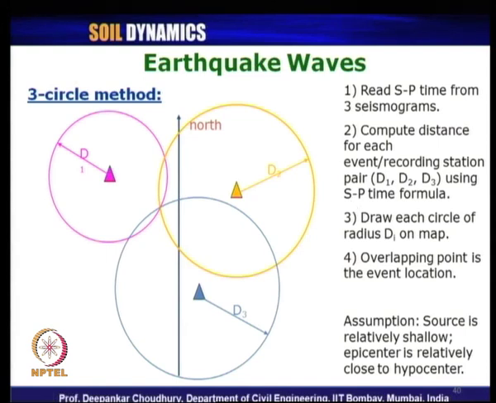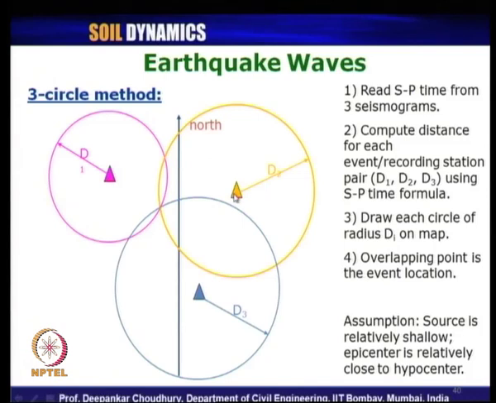So, for example, suppose this is our recording station 1. From this point at a distance of d1, suppose we got the distance where the earthquake has occurred. So, the event has occurred at a distance of d1. Let us draw a circle taking that recording point as the center with radius d1.